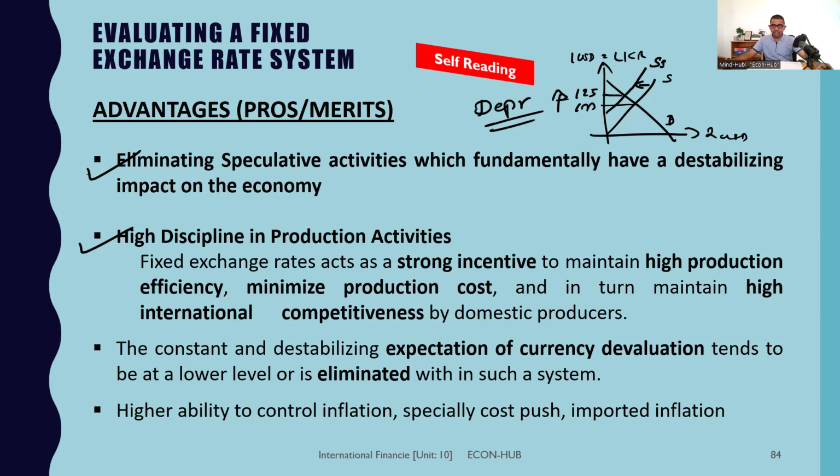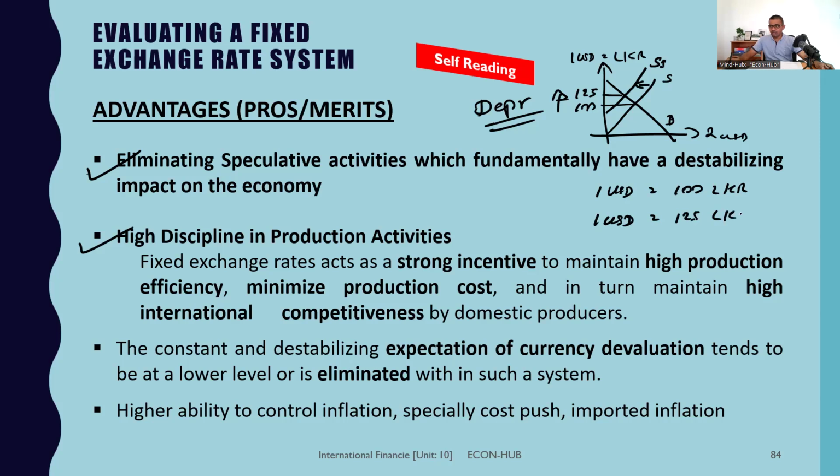The moment the rupee depreciates, when our exporters sold something earlier for $1 US, how much did they get? They got 100 LKR. Now, when they sell something again for $1 US, in rupees, how much do they get? They get 125 LKR.